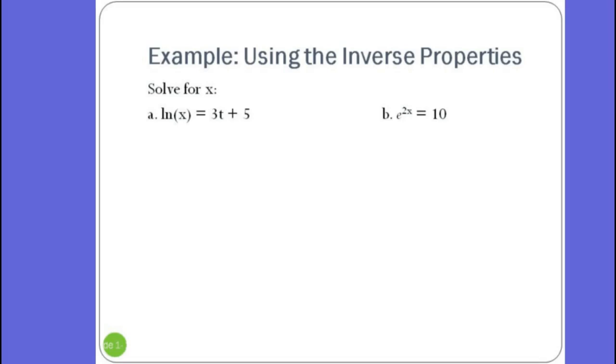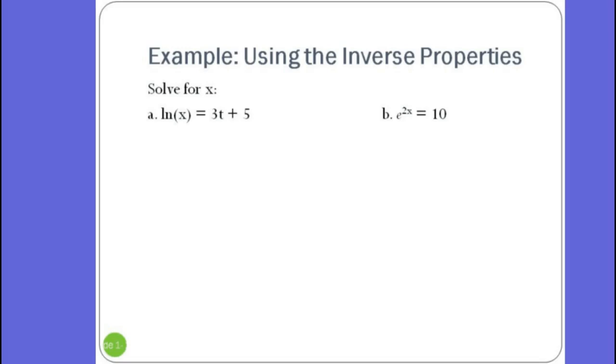So it's the natural log of x equals 3t plus 5. Find me my x. So how do you get rid of the natural log? We just talked about it. Oh, that change of base? No, before that. The e. What is the inverse of ln? e.